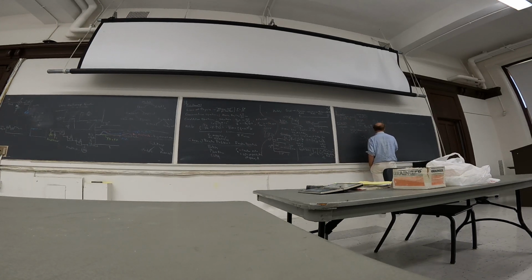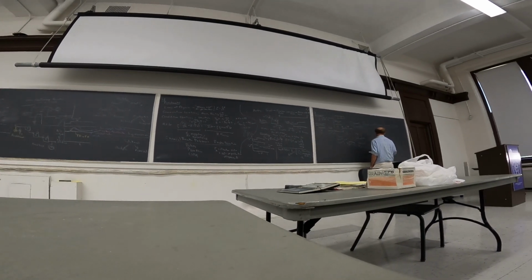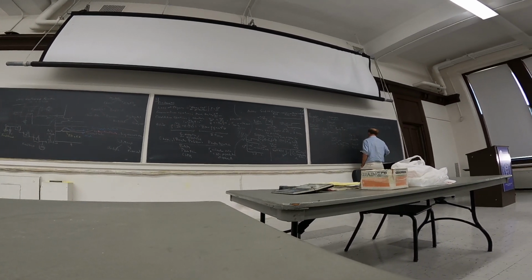So from Bernoulli, I know that P0 plus rho g L plus 1/2 rho V1 squared, say at point 1, and this is point 2, is equal to P0 plus rho g L0 plus 1/2 rho V0 squared.